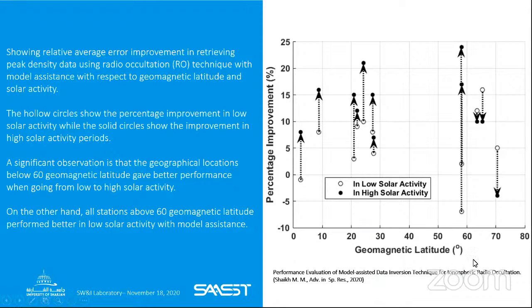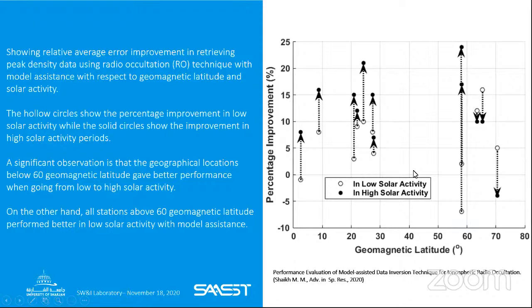Different geomagnetic latitudes are shown on the x-axis, and the percentage of improvement of the model is shown on the y-axis. The hollow circles show the percentage improvement at low solar activity, and the filled circles represent the percentage improvement of the model because of the data at high solar activity.